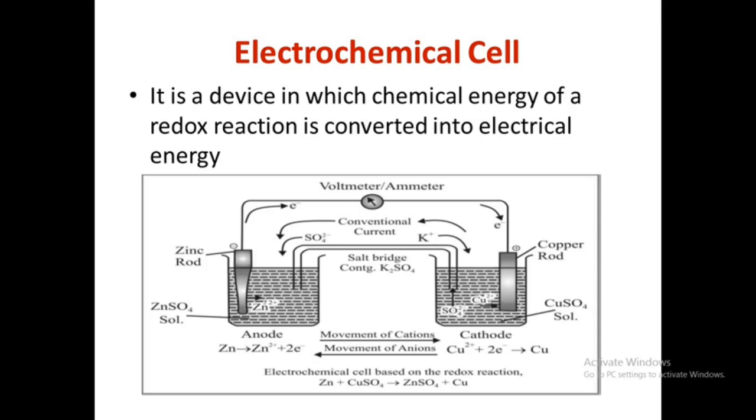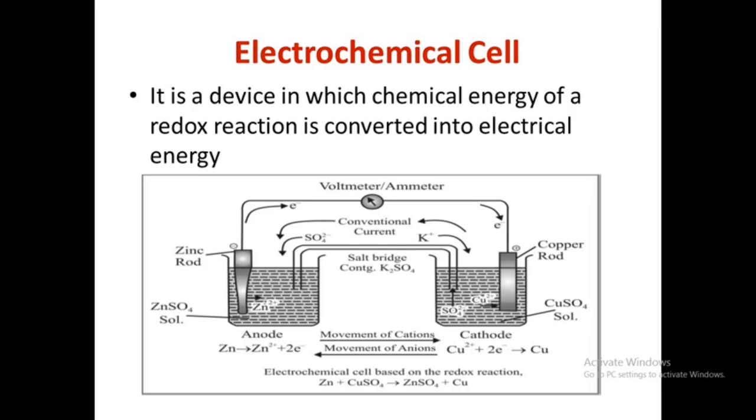That means both oxidation and reduction are taking place simultaneously. Hence the chemical reaction is a redox reaction, and with the help of this device we are converting the chemical energy of a redox reaction into electrical energy.